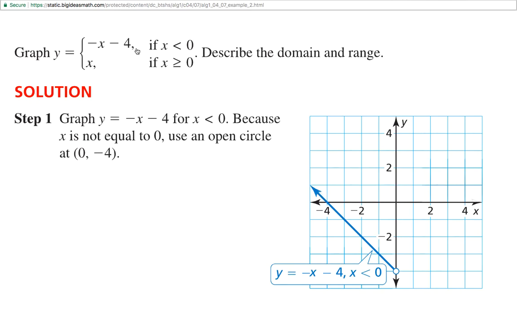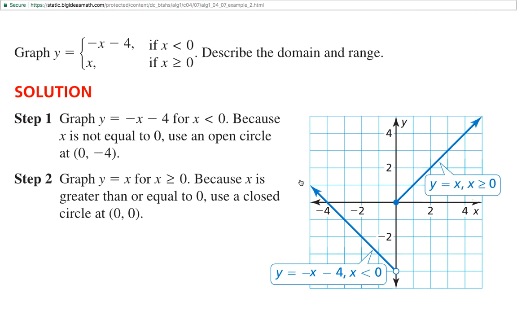Notice again, the y-intercept is -4, hence what I said there. Notice the open circle at x equals 0. And let's go graph the second one. Notice again it's a closed circle on this one. Slope is 1, y-intercept 0, and that's how you graph it.